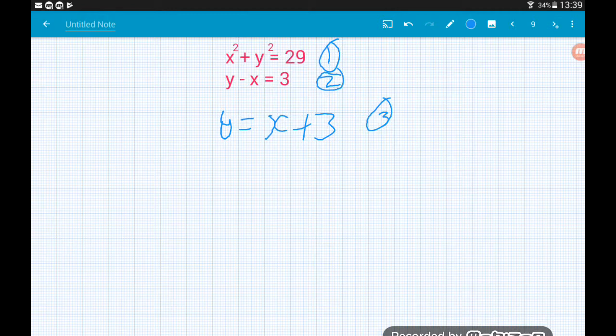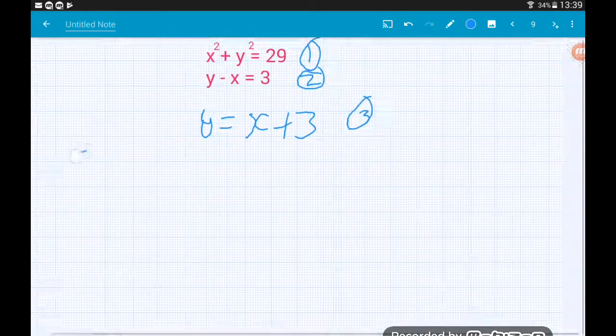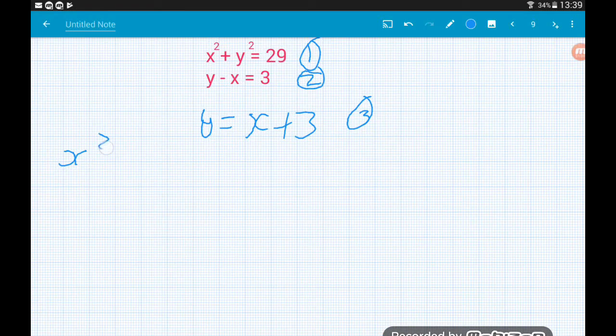So now we know what y is in terms of x, we can use that substitution in equation 1, and then we'll have an equation purely in terms of x that we can solve. Groovy. So if we make this substitution, equation 1 is going to become x squared plus (x plus 3) squared, and that's going to equal 29.